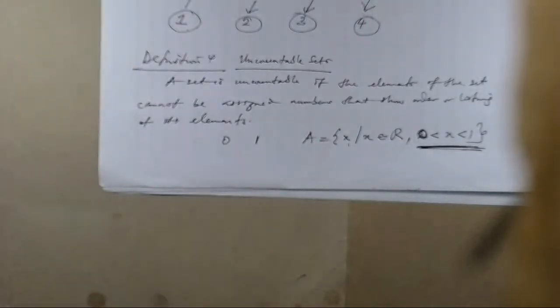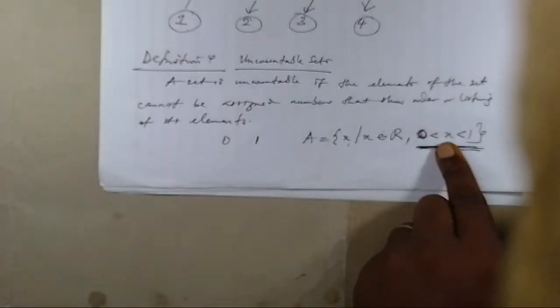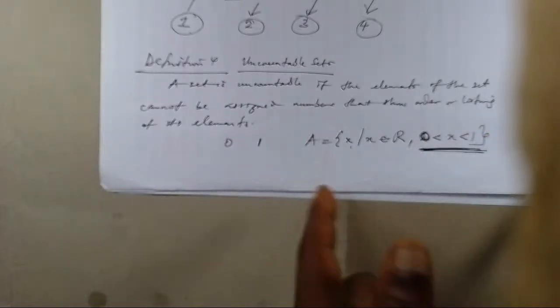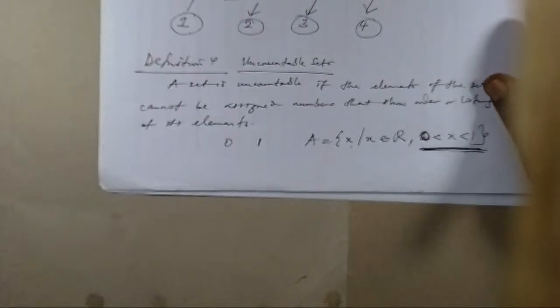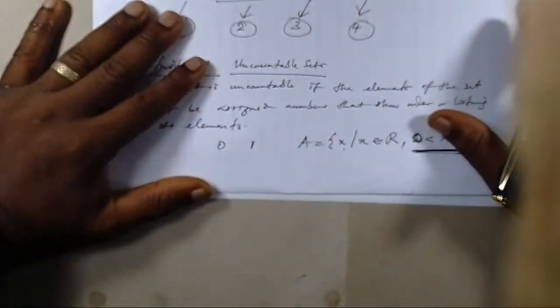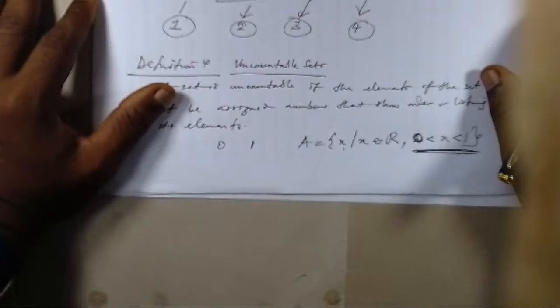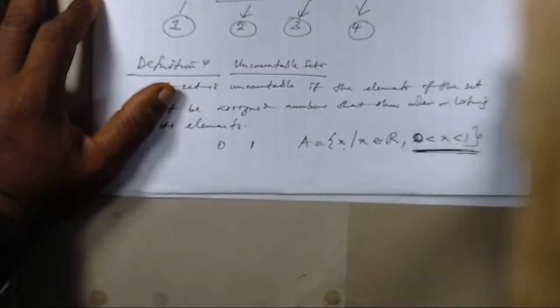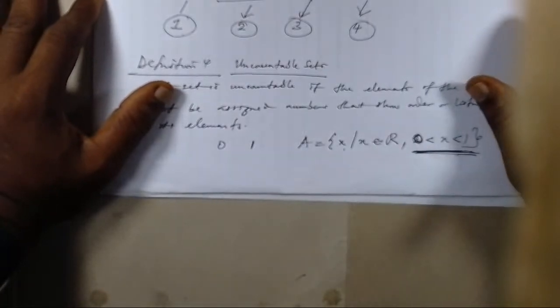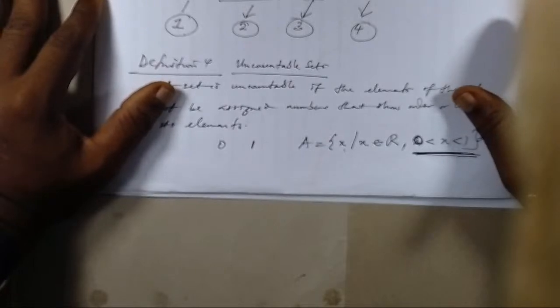To start with, let me break this down. If you are considering real numbers as x that lie between 0 and 1, the question is, what real number follows immediately after 0? You may end up answering that the next real number that follows immediately after 0 is 0.1. But you'll be wrong, because in between 0 and 0.1 lie infinite numbers that are real.